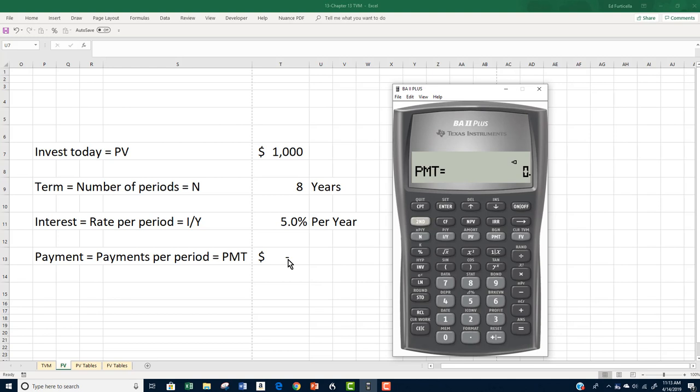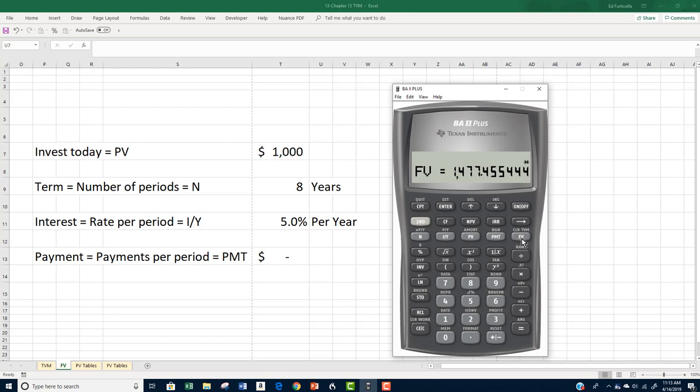Now that the 4 variables are entered, it's time to compute. For time value of money computations, you'll always click the CPT key and the variable to be determined. In this case, click CPT and then FV. The calculation will display the answer.